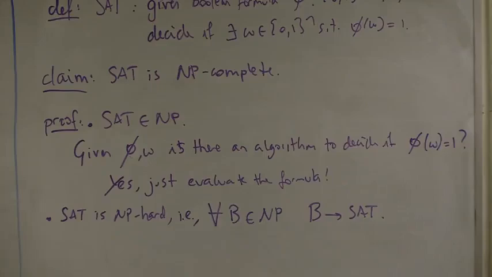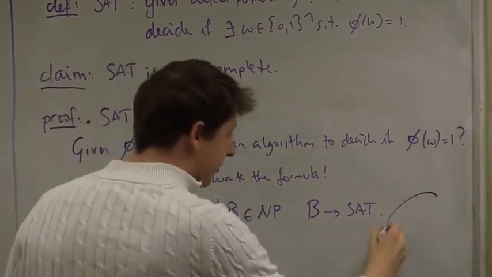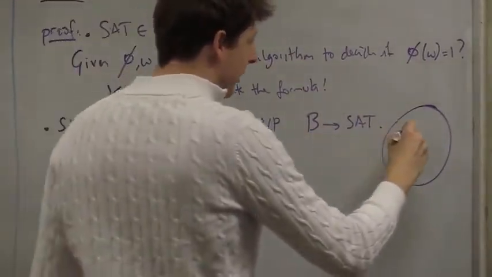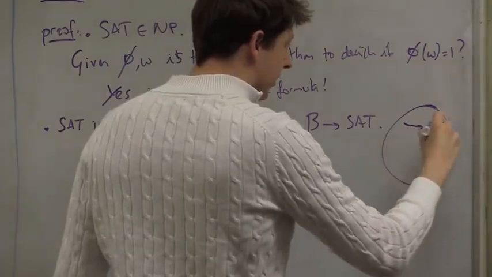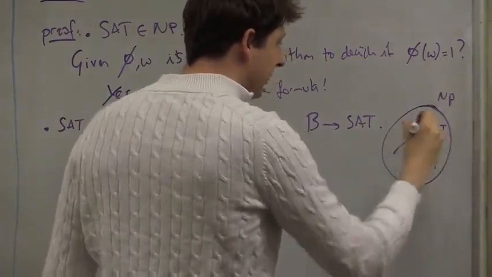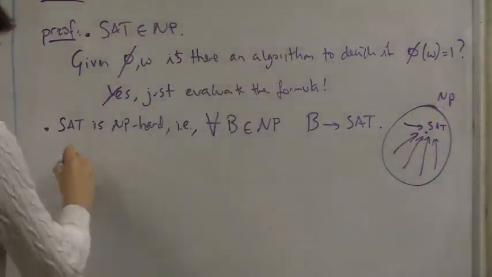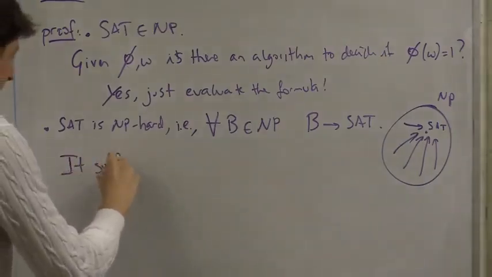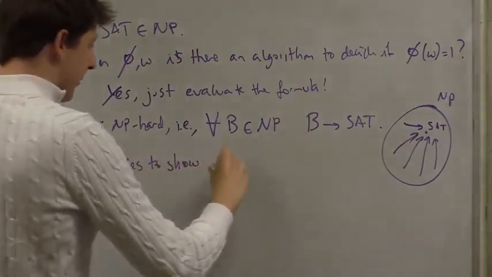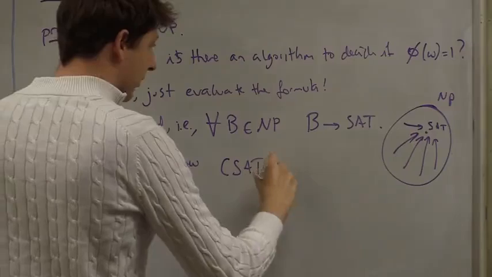Okay, but here's where we want to start using NP-completeness. We already have one NP-complete problem. So rather than starting from any problem in NP and directly showing that everything in NP reduces to SAT, it suffices to show that CSAT reduces to SAT.